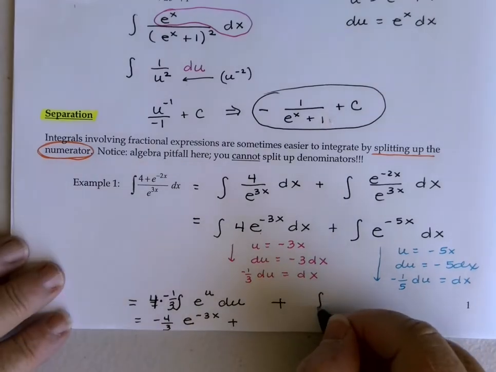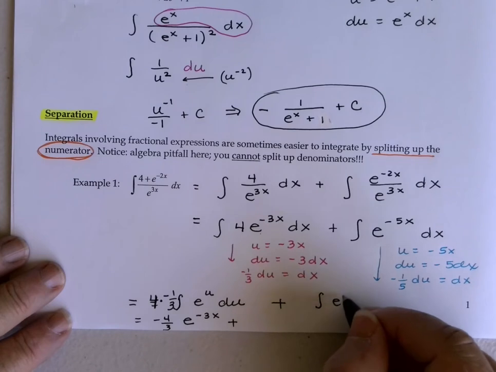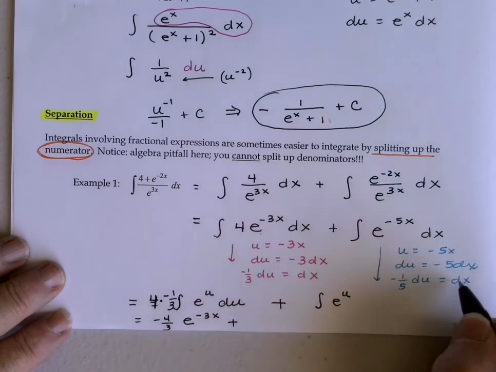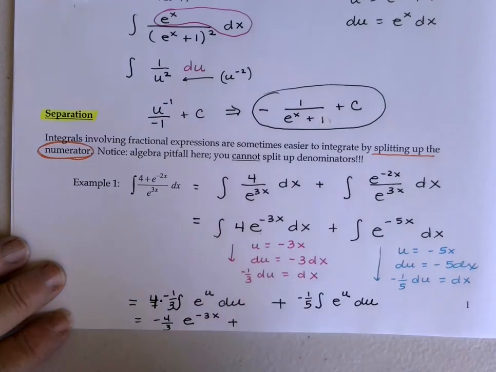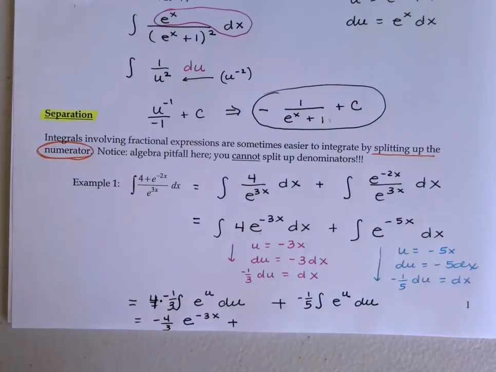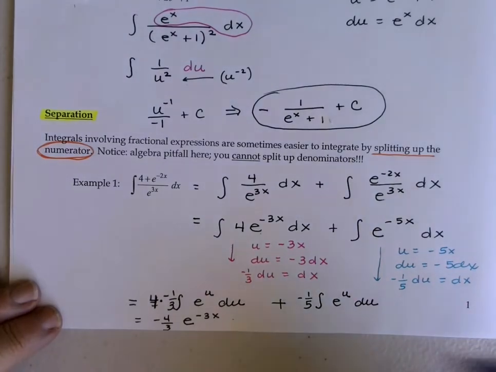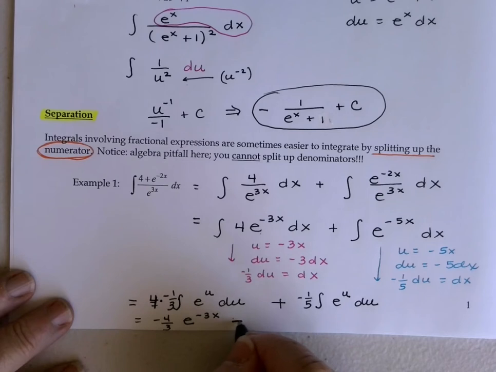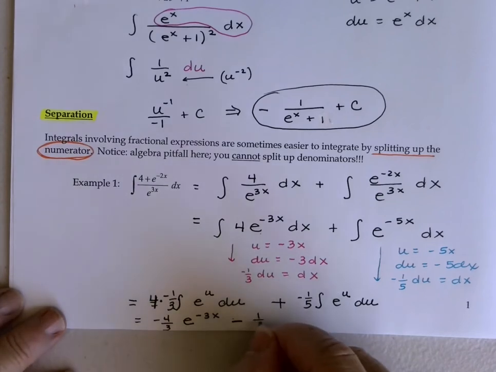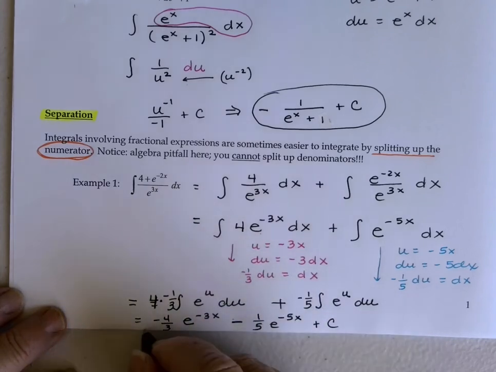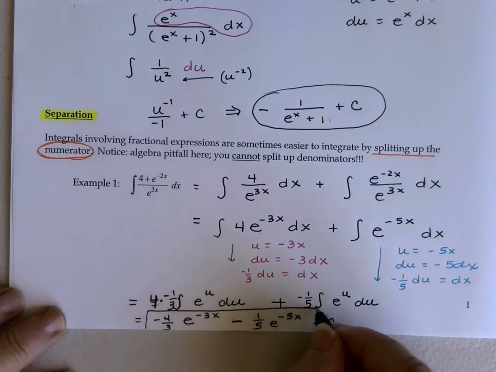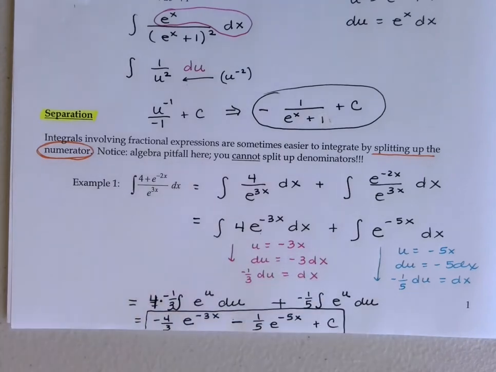So I've got e to the u, replace the dx with negative 1/5 du. And actually, I'm going to end up with a minus. Let me fix that. 1/5 e to the u, or e to the negative 5x, plus c. And there, just barely made it as my final answer.